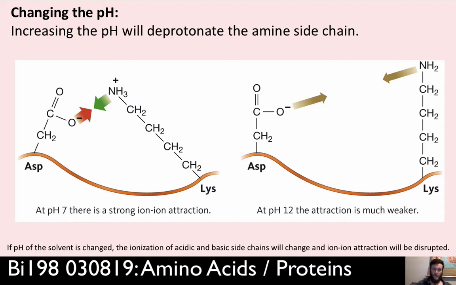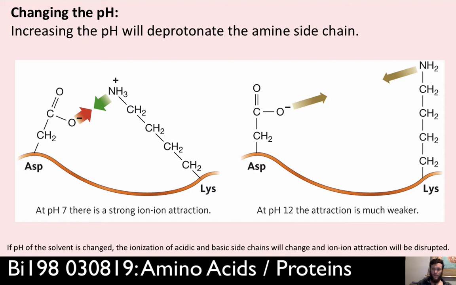So normally at neutral pH or pH 7, two side chains are attracted to one another of opposite charge, as we've already seen. But then if you dump a bunch of base in it, it's going to tear the protons off of the basic amino acids.